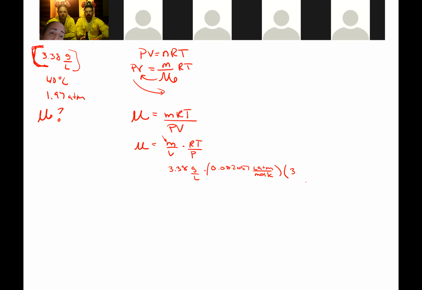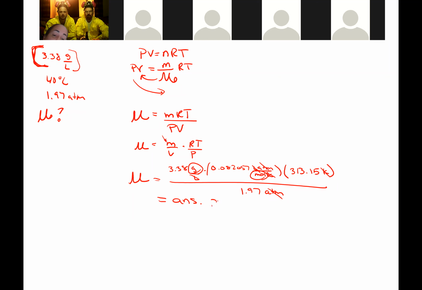What's 273 plus 40? 313 Kelvin. Then divided by P, which is 1.97 ATM. And then that's it. You basically just cancel everything: ATM, ATM, K, K, liter, liter. What's left? Grams per mole. So there you go. You have your answer in grams per mole.